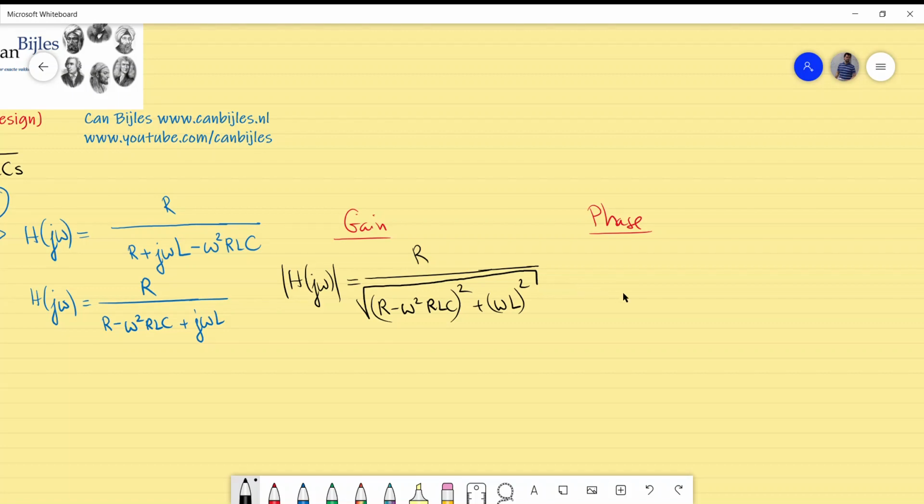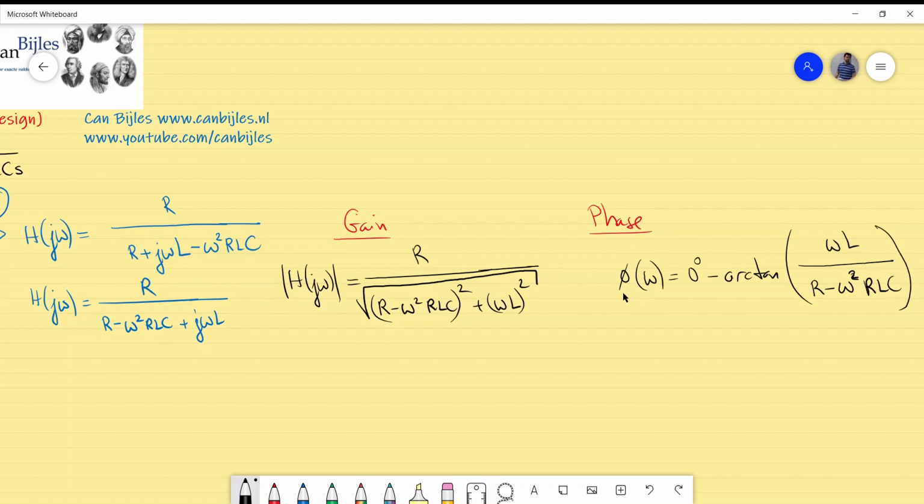So phi of omega will be 0 minus arctangent of omega L divided by R minus omega squared RLC. That's all.